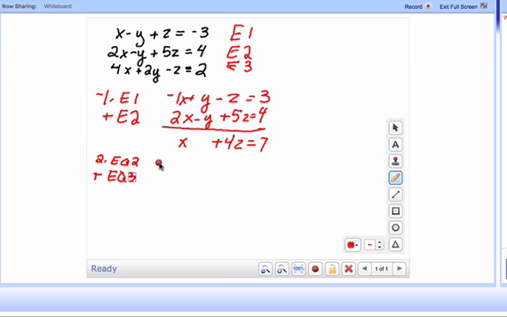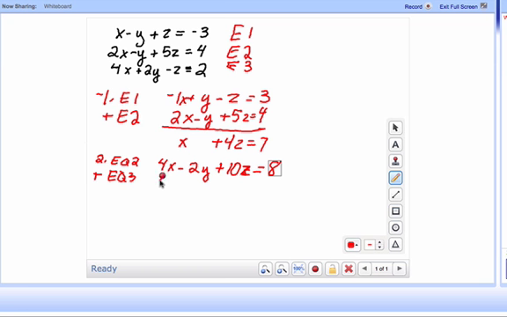Okay, so we're going to multiply each of these values by 2. Because remember, this side by 2, we have to distribute it to each term. So that's going to be 4x minus 2y plus 10z equals 8.